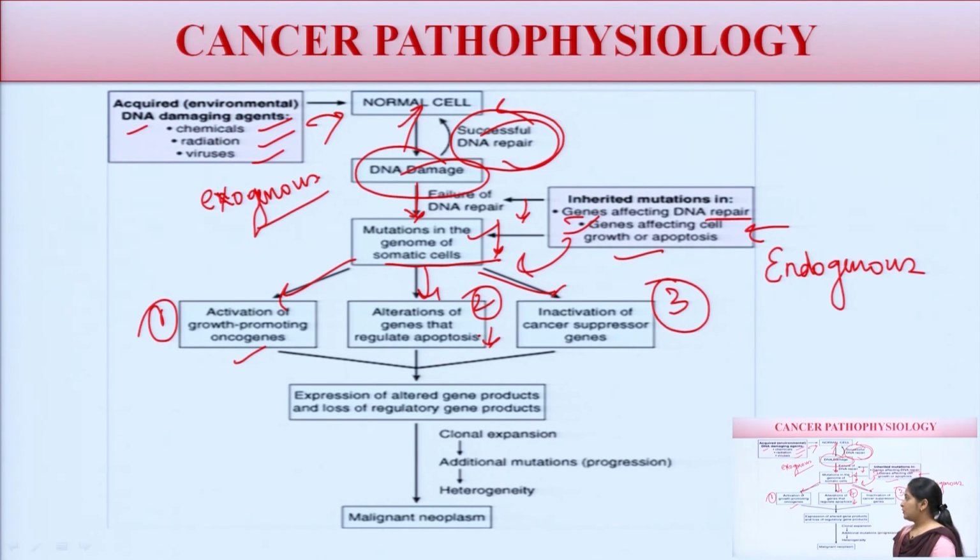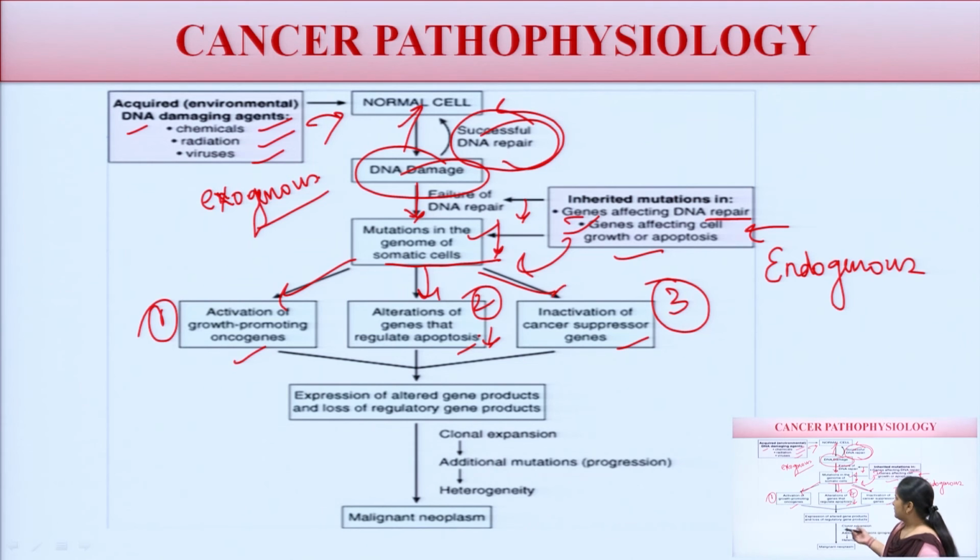So, there is an alteration of the genes that regulate apoptosis, and there is an inactivation of the cancer suppressor genes. When the tumor suppressor genes are inactive, what happens at that time? There is no regulatory control, and the cancer cell will develop.